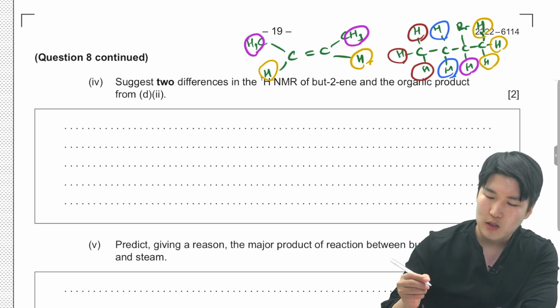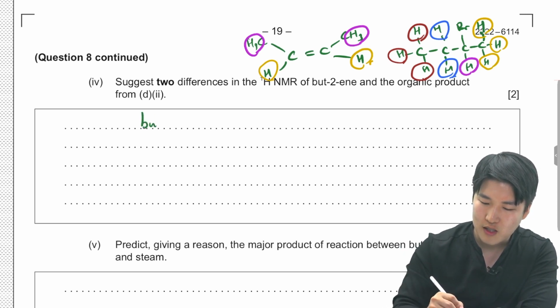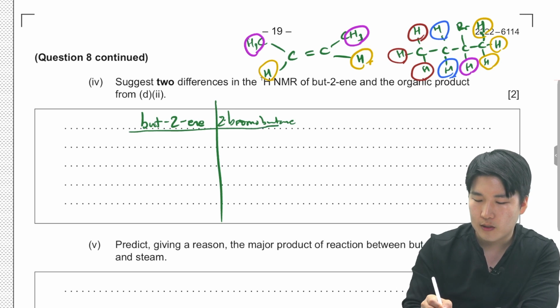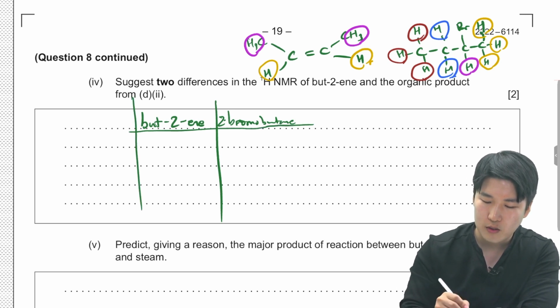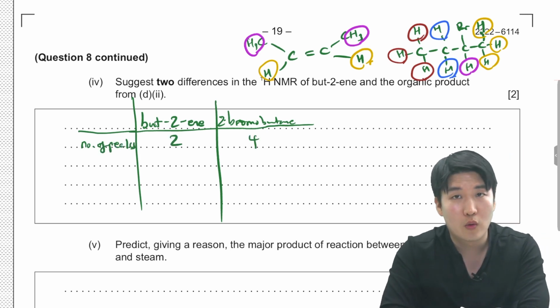There are 4 different hydrogen environments in our 2-bromobutane. Okay, so how do we answer this? But-2-ene will compare and contrast with 2-bromobutane. Firstly, with number of peaks, 2 versus 4.